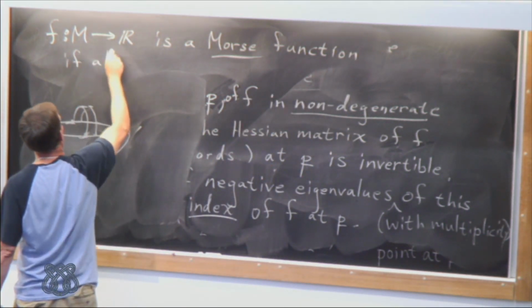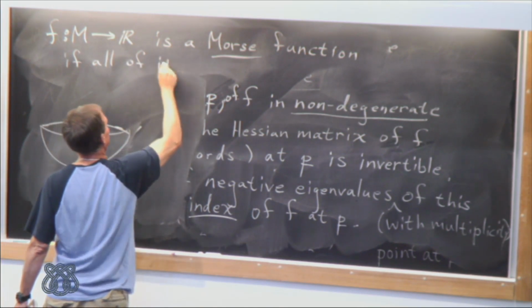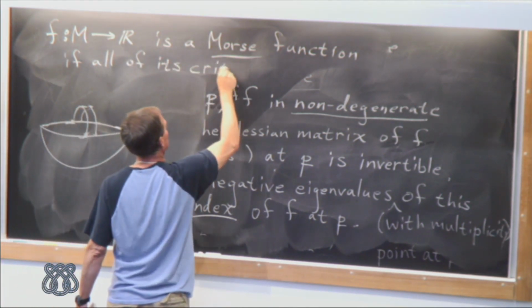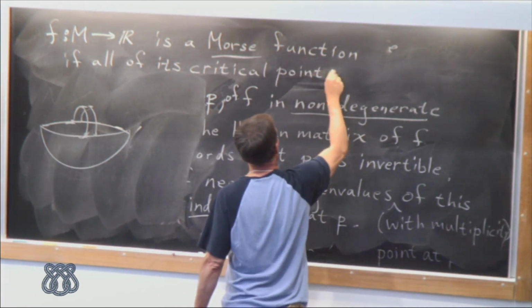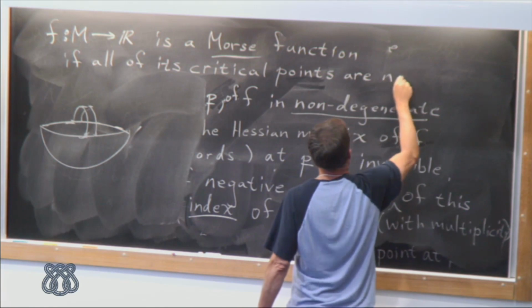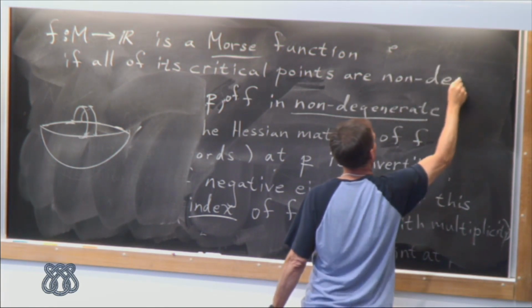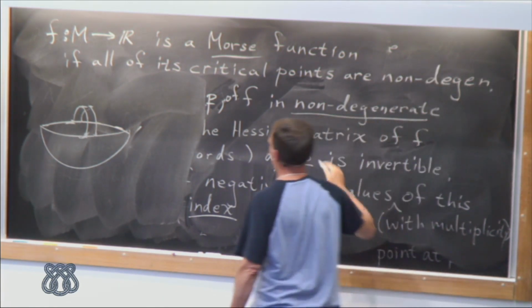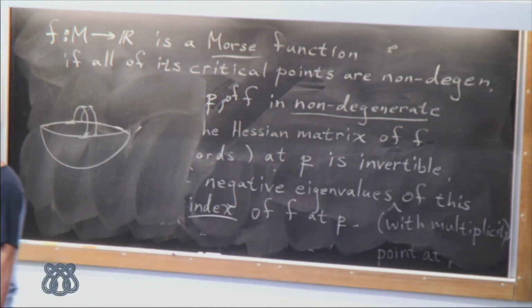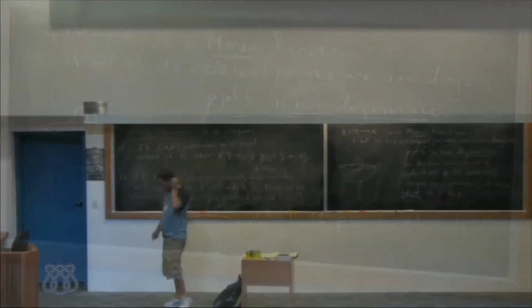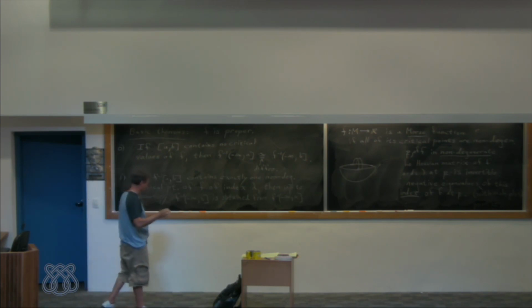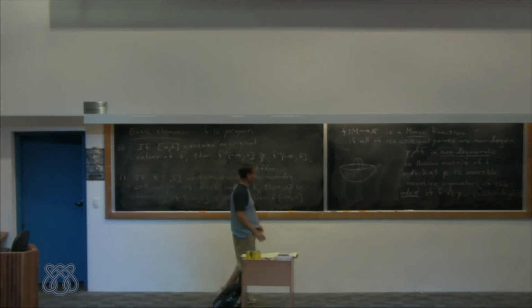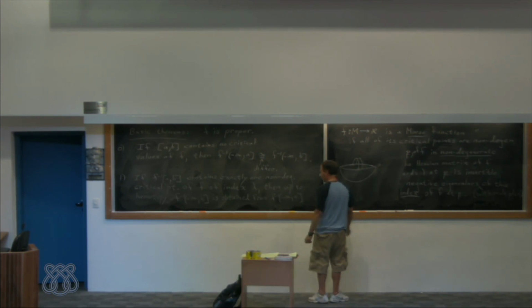If all of its critical points are non-degenerate. Great. Well, we wouldn't care about that notion much if there weren't many of them. Now, there are statements about there being dense among all the smooth functions, and there are statements about distance squared from a point being Morse functions.